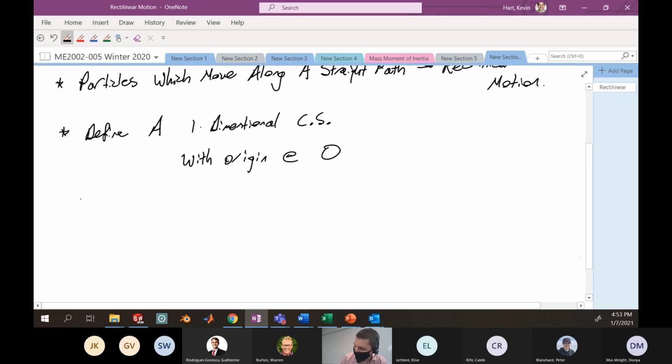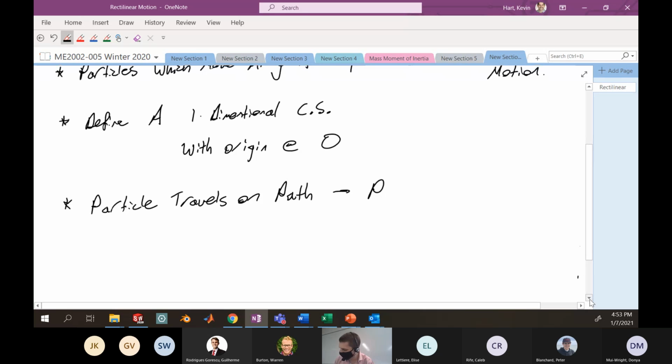Okay. And we'll say that we have some particle that's traveling along that path, represented by a point P. That is the point P.